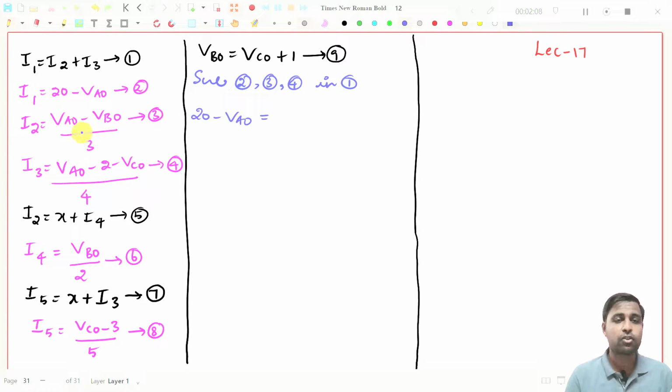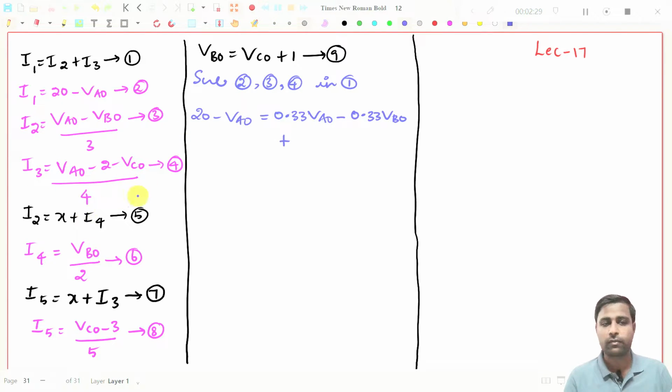I2 will be 0.33 VAO minus 0.33 VBO, and then you will have plus I3. What is I3? I3 is nothing but VAO minus 2 minus VCO divided by 4. So I will divide all these things.